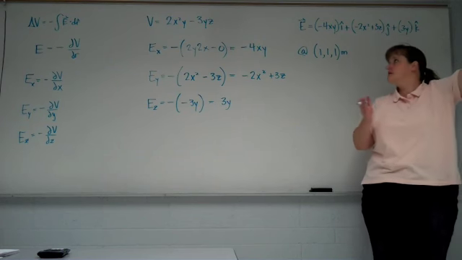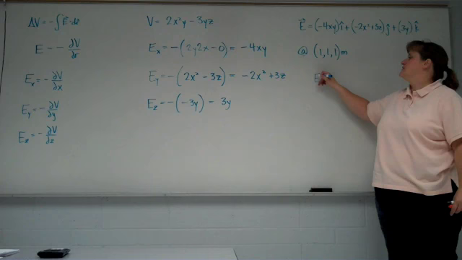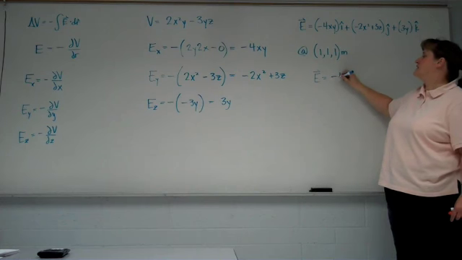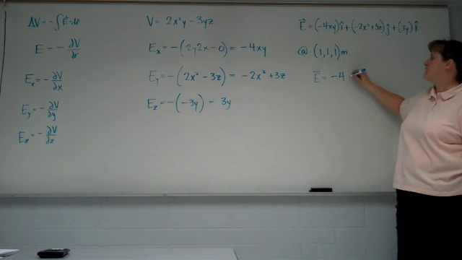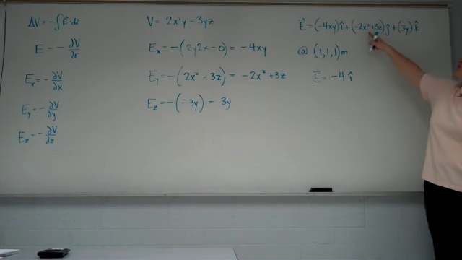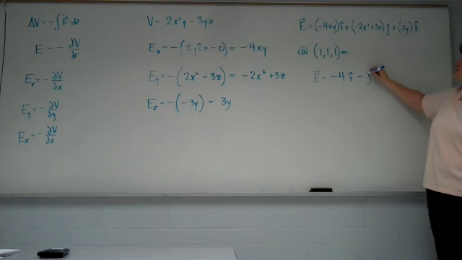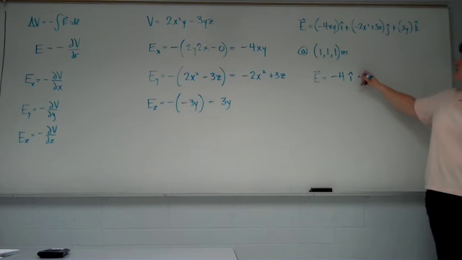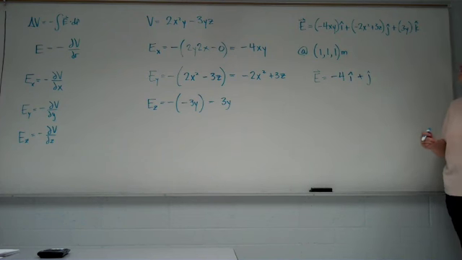So a point out here. Plugging in 1 for x and y, our electric field at that point has a value of 4, negative in the negative x direction. So putting in 1 for x and y here, we're going to get negative 1. That's the j hat direction. Sorry, positive 1. Plus 3 k hat.